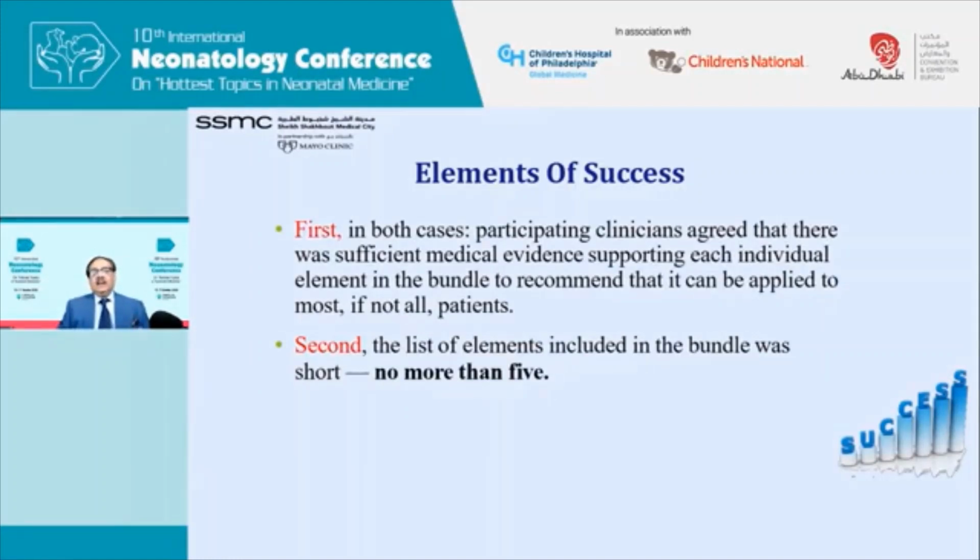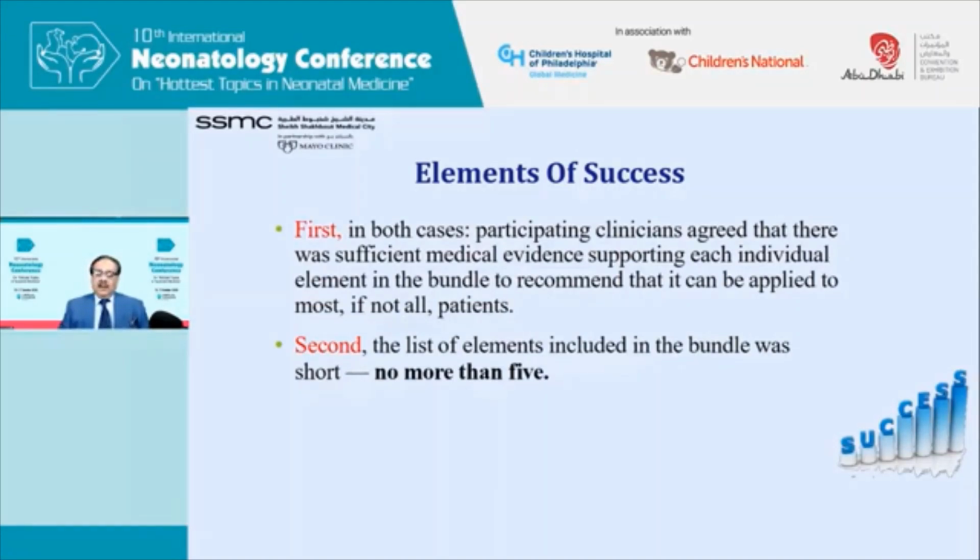And the second is that the list of elements included in the bundle was short, not more than 5. The reason is that if you have guidelines of pages and pages, 17 pages, 18 pages, nobody is going to read them when the frontliners, the doctors, the physicians or the nurses want to use them. So it has to be concise.